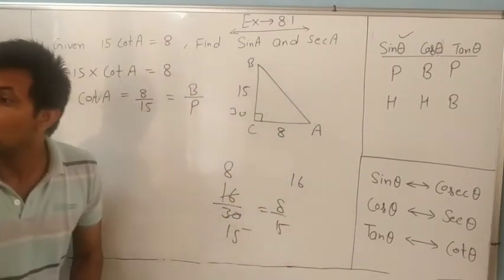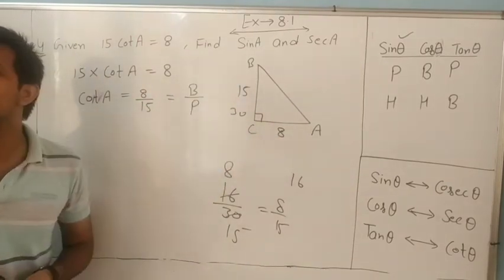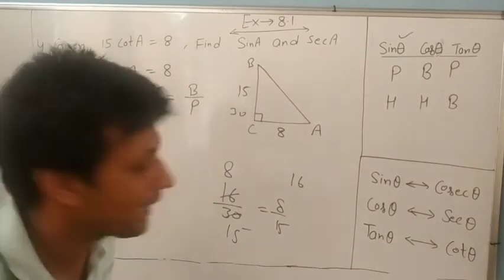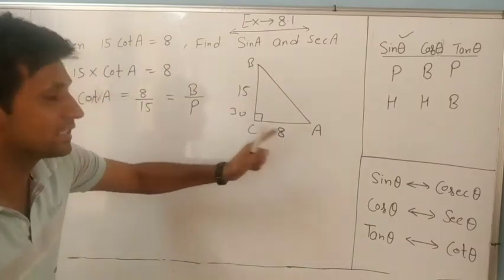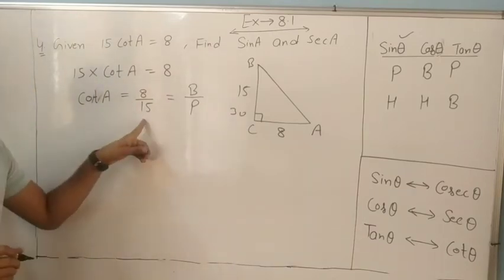We cannot say that base is 8 and perpendicular is 15, because it is the ratio between them. So don't directly write base is 8, perpendicular is 15; we will write a common ratio.